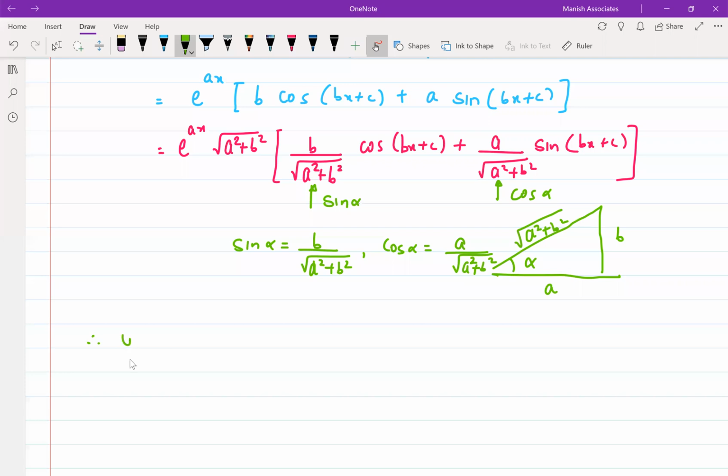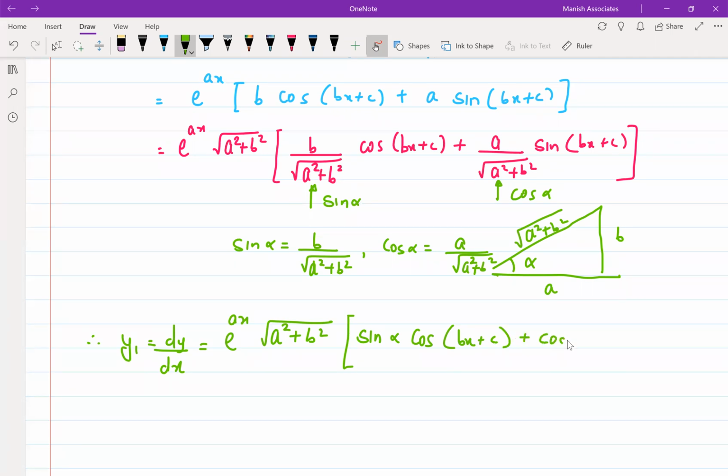So therefore, your y1, that is your dy by dx, is nothing but e raised to ax, root of a square plus b square. We'll write it again. Then b upon root of a square plus b square is sine alpha, cos of bx plus c, plus cos alpha sine of bx plus c.